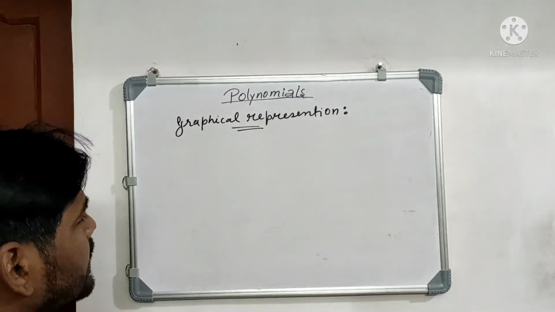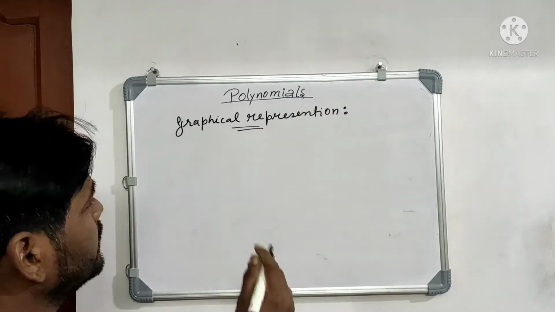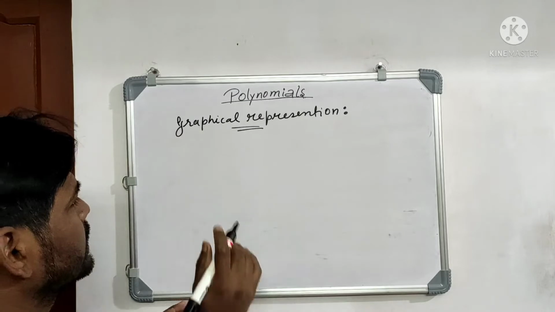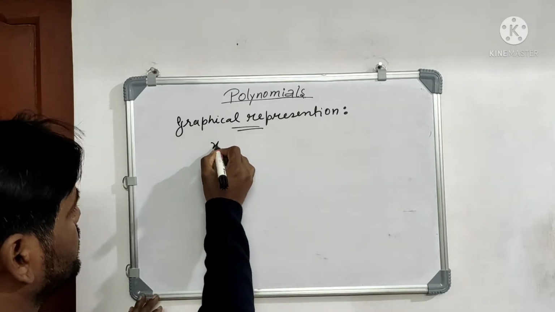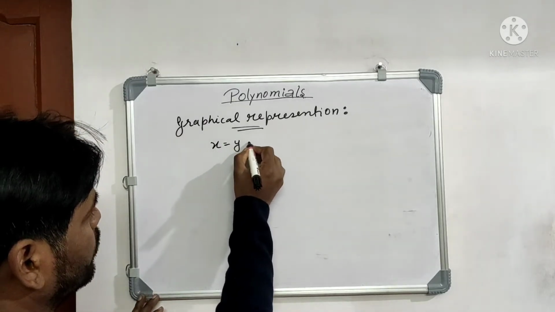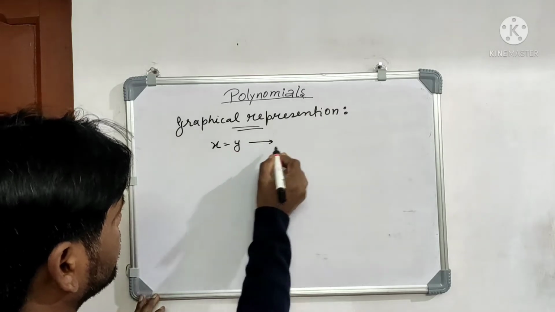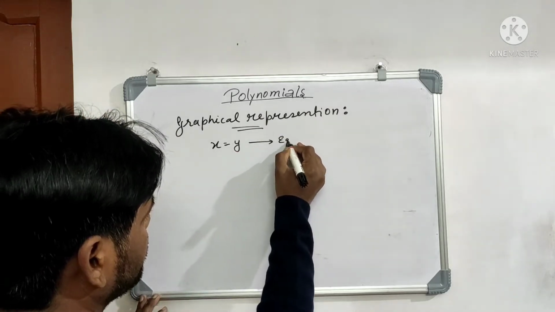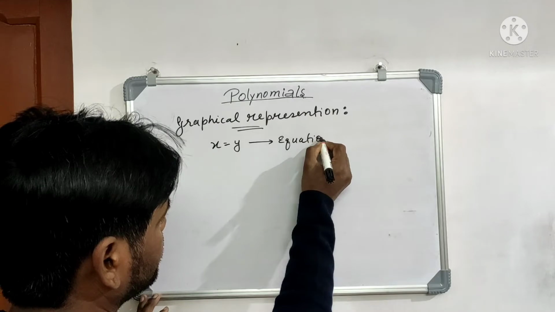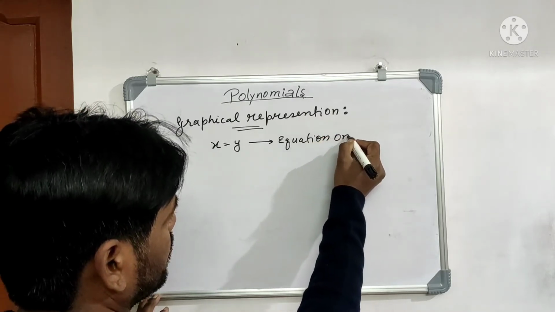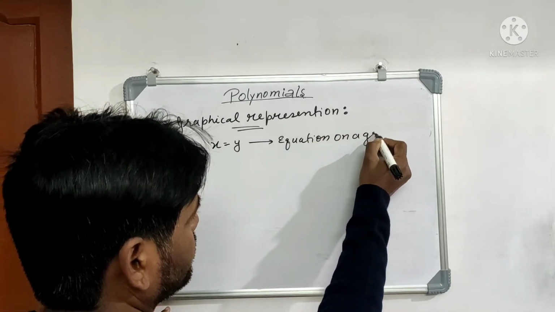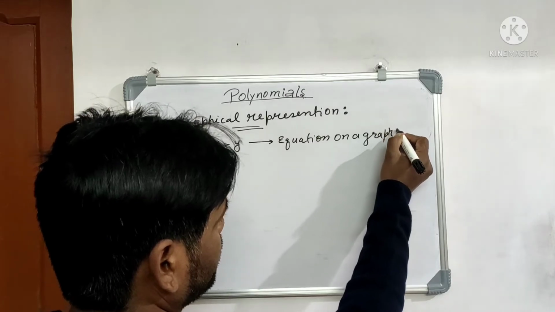Let us take an example for any equation. Let's say we are having an equation x is equal to y. We want to represent this equation on a graph paper.